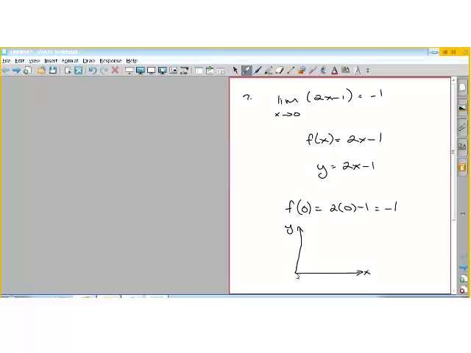We drew this function, y-intercept of -1, slope of 2, so it would go something like this. And so the limit as x approaches 0, so here's x equals 0, is the function. Simple.